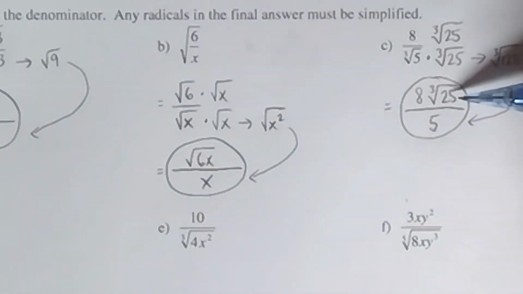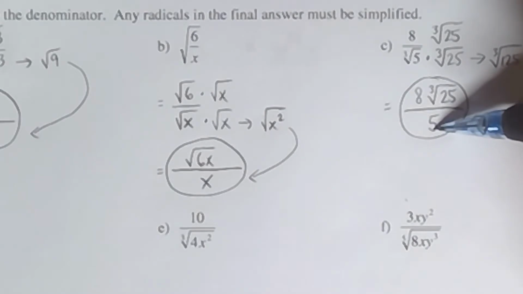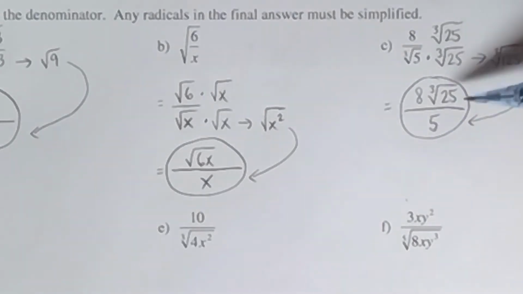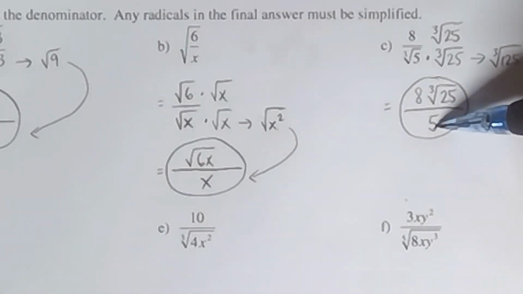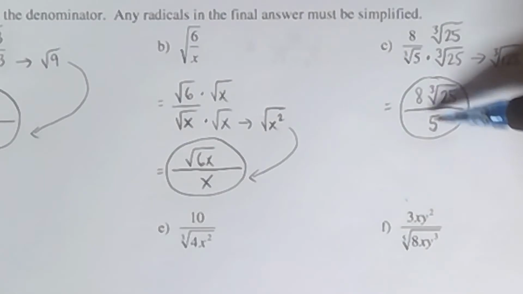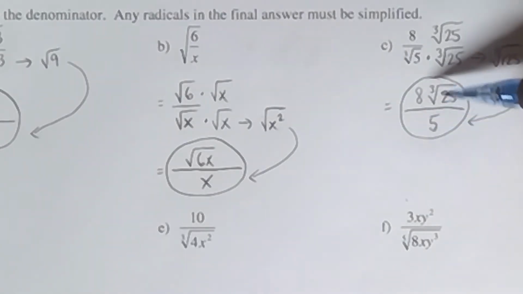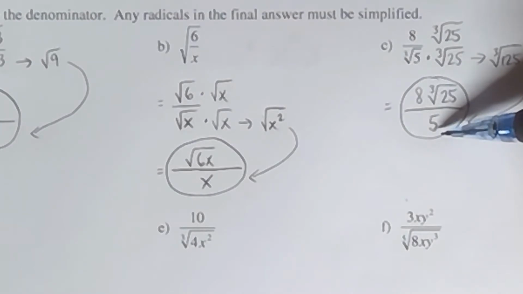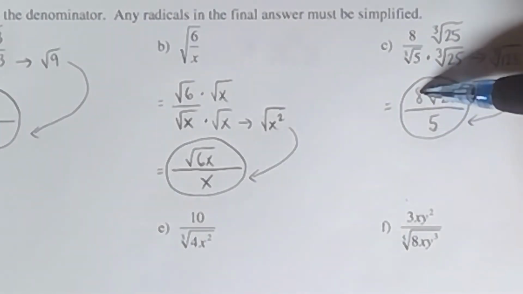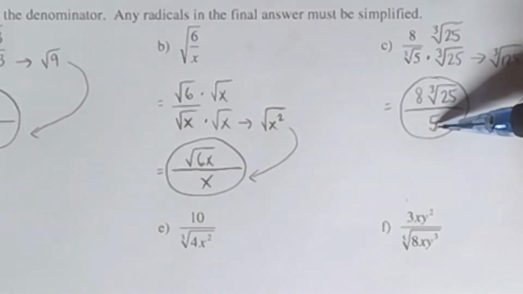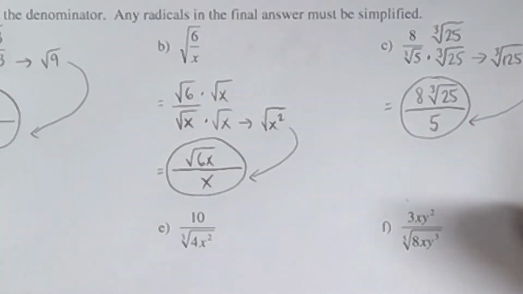But if you do have a single radical term divided by a single regular term, which you will see a lot, and we'll see that coming up, you are allowed to cancel the outside part of the radical with this single regular term down here. It's just that 8 and 5 don't cancel. If they did reduce, like if it was 10 and 5, for example, then you'd go ahead and cancel.